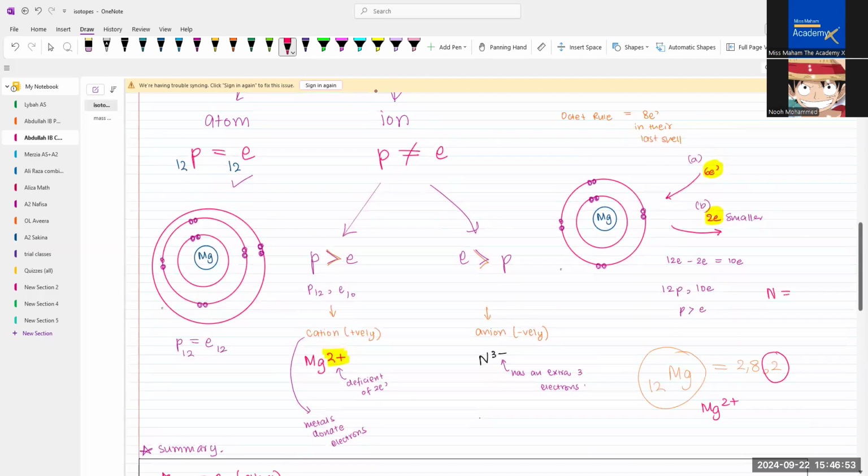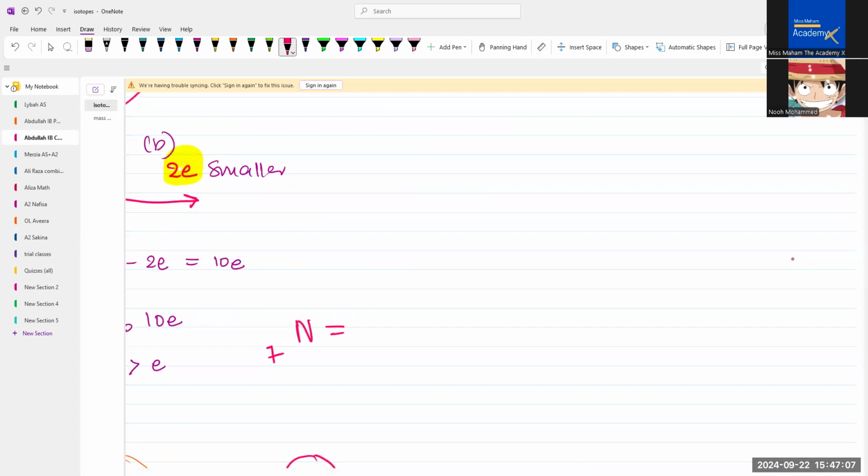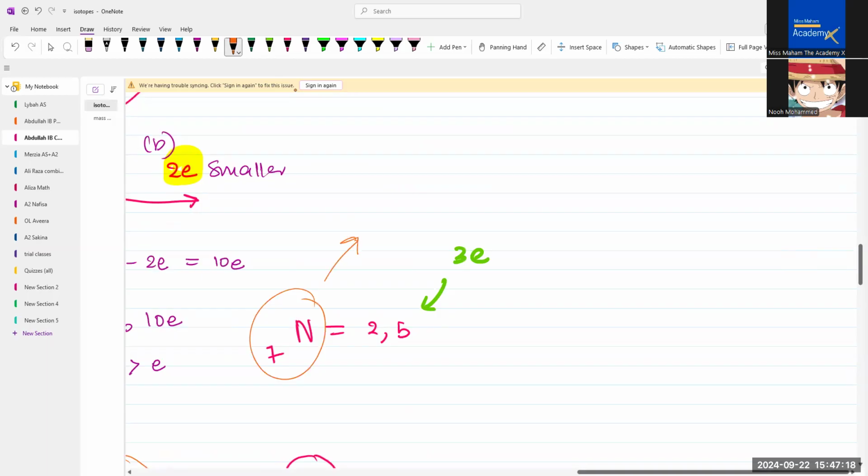If I'm talking about nitrogen, nitrogen's atomic number is, hydrogen, helium, lithium, beryllium, boron, carbon, nitrogen. It's 7. So nitrogen's electronic configuration is 2, 5, right? So for nitrogen, it's easier to take in 3 electrons. Nitrogen's ion will have a charge of 3 minus. So this is what a nitrogen ion is going to be. So how do you figure out if it's a positive ion, if it's a negative ion, or what number should be there with the positive or the negative?